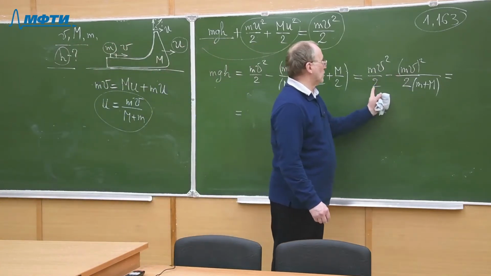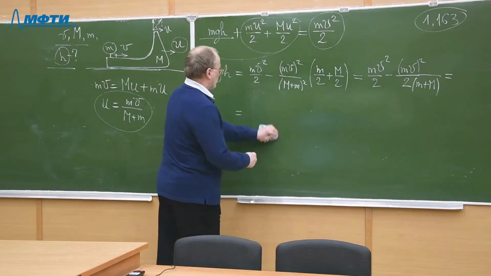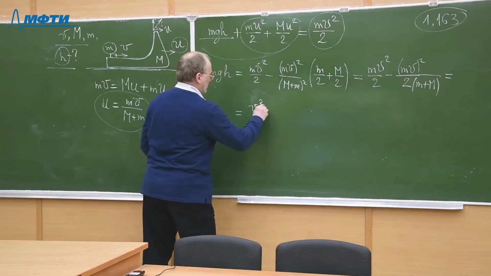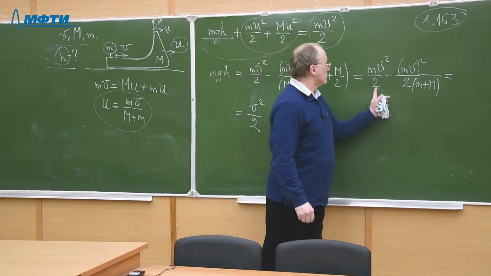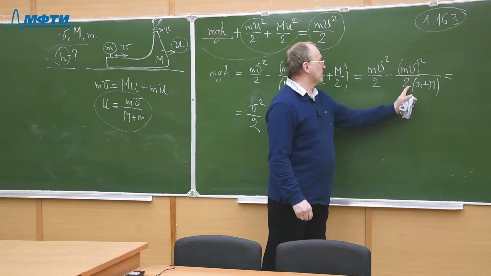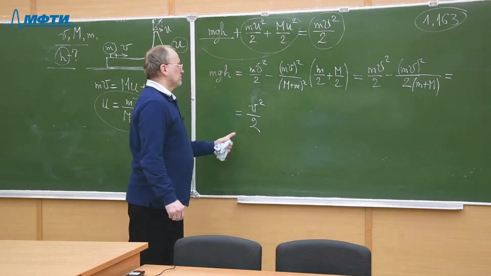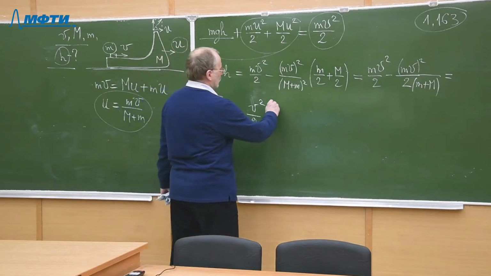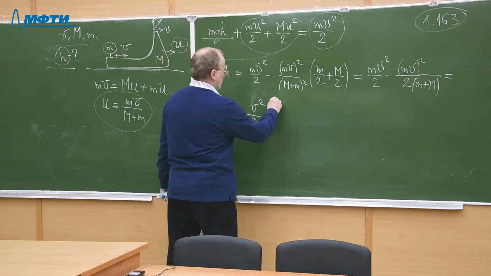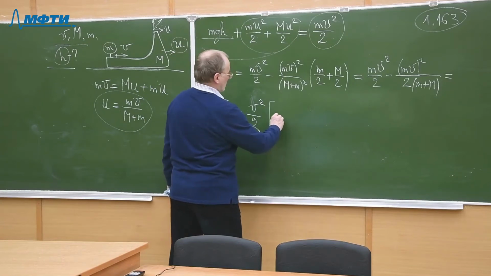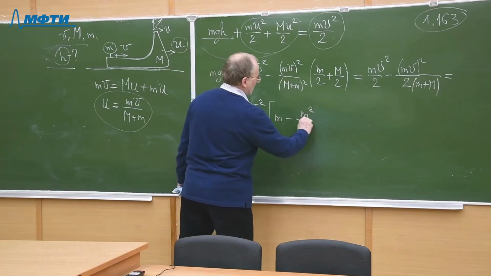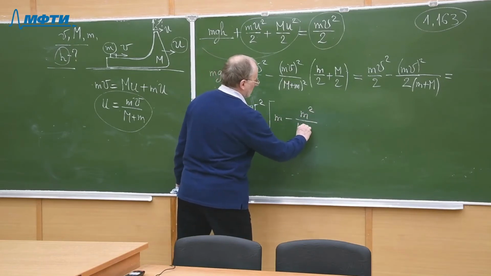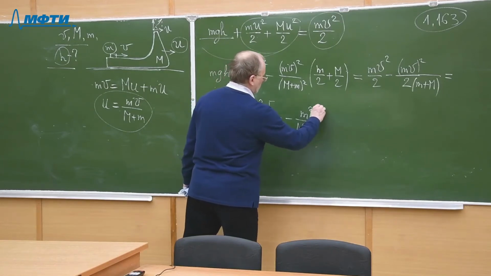v squared over 2 will be a factor in this expression because it enters the first term and the second term. I can take it out of the brackets as a factor, and in the brackets I will have small m minus small m squared divided by capital M plus small m.